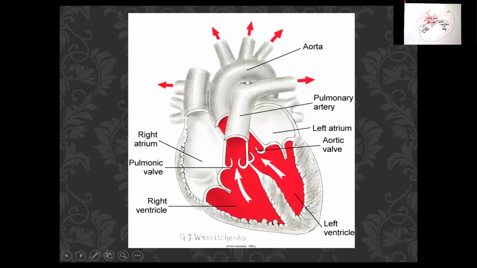The next step then is the ventricles fill enough to snap those valves back closed and also snap open the outer doors of the heart, which are the pulmonary valve leading to the pulmonary artery, and the aortic valve leading to the aorta, so that the blood actually leaves the heart out of these two, goes to the lungs and goes to the body.